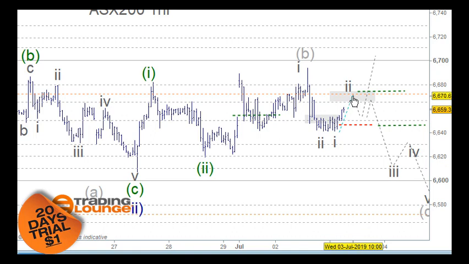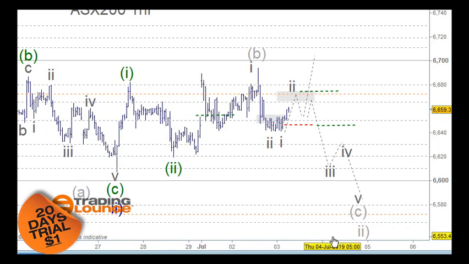If this moves up through here and comes back and takes this stop out here, which is a move below the 6650, the midpoint here, so this is 6650, we can put the stop and the entry here at 6646. Okay, and if that's breached, then we want to be out of that, and we want to be on the short side. So we're just taking the next logical step within that structure.